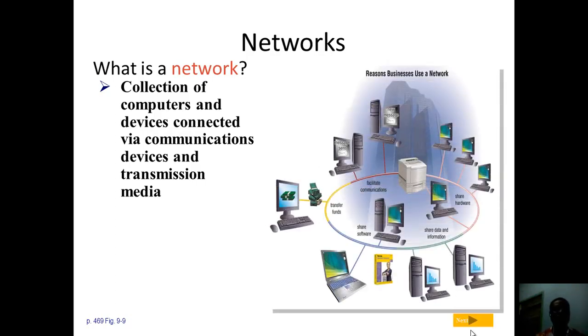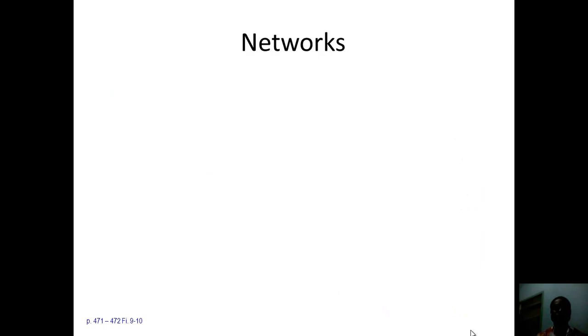When we talk of a computer network, it's a collection of computers and devices connected through communication devices and transmission media. We shall explain all of them one after the other.